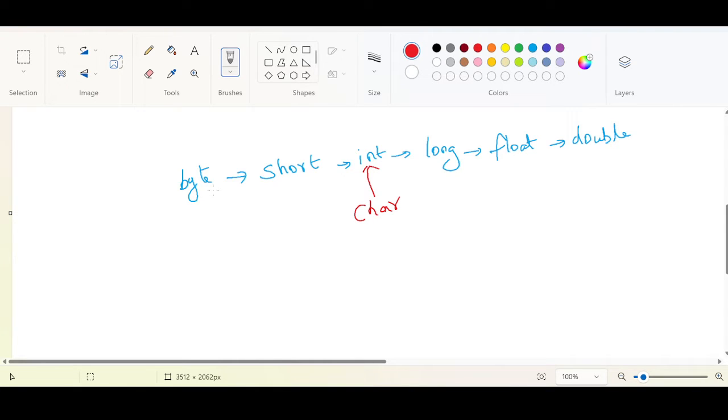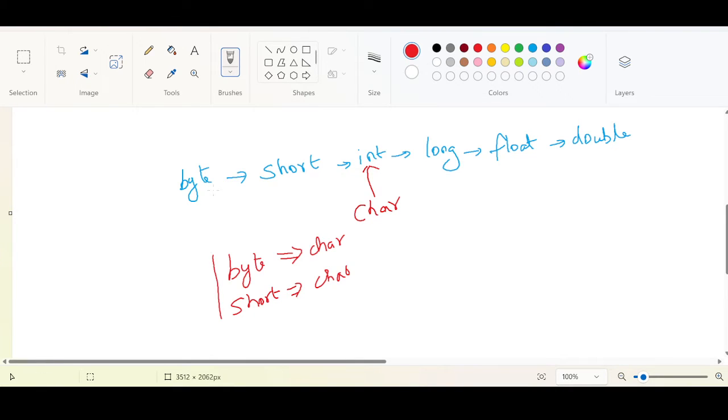This character has nothing to do with byte or short. You will get incompatibility issues. If I say incompatibility issues, it means you cannot convert byte to character, you cannot convert short to character, and vice versa.